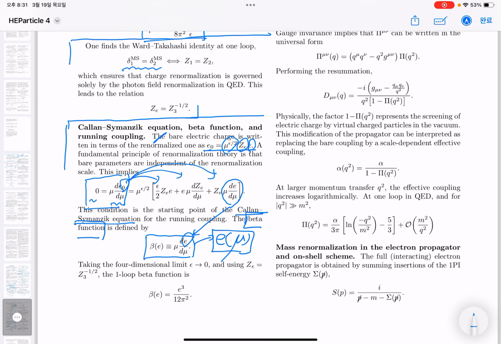Because we take the epsilon to zero limit, the first term disappears, and we know that in QED this is related to Z3. By using the results of the counter terms, we can obtain the beta function from this Callan-Symanzik equation. The beta function at one loop is given by e cubed over 12 pi squared.